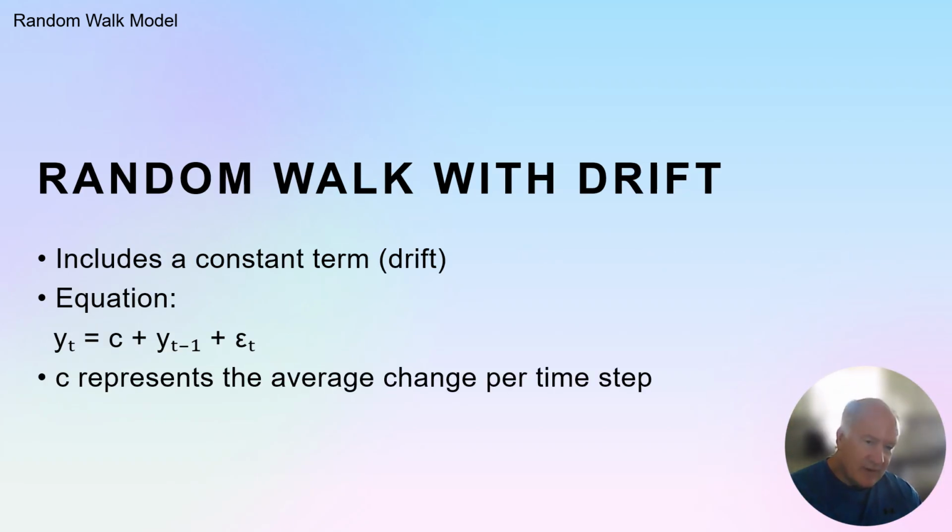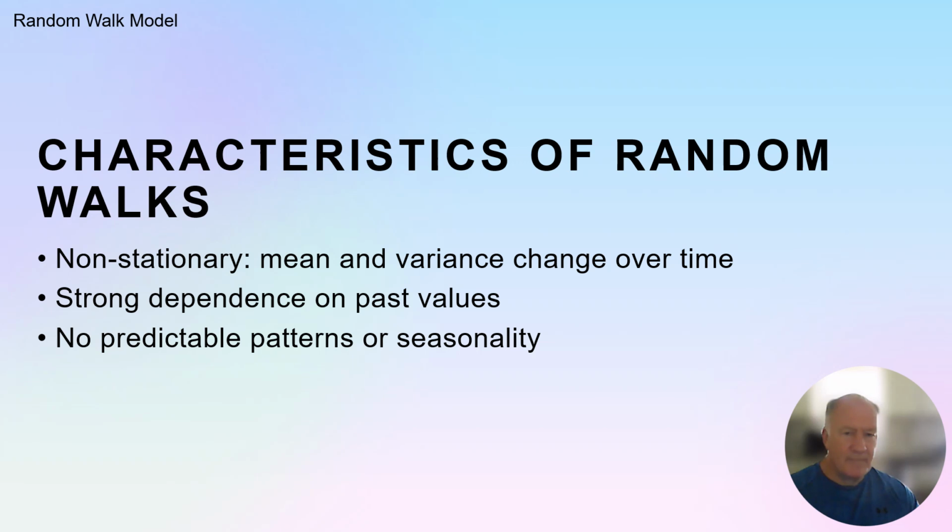A random walk with drift has the equation y of t is equal to some constant c plus the previous value plus some random number, and c represents the average change per time step. The characteristics of a random walk are that it's non-stationary, so the mean and variance are clearly changing over time, with a strong dependence on past values, and there are no predictable patterns or seasonality.